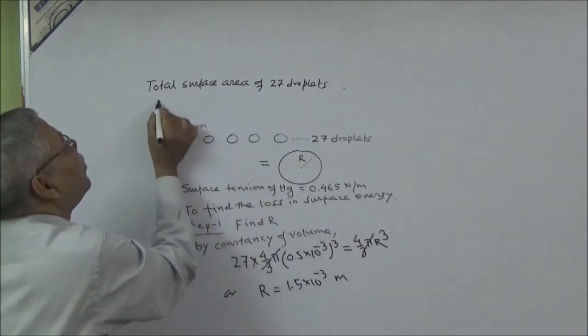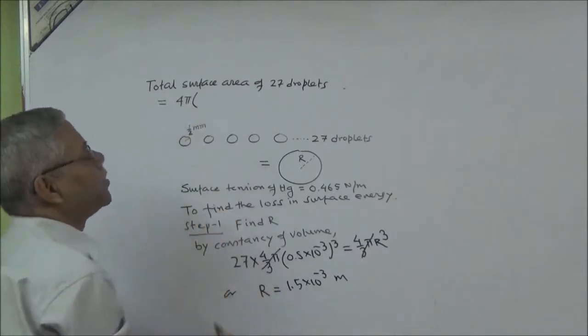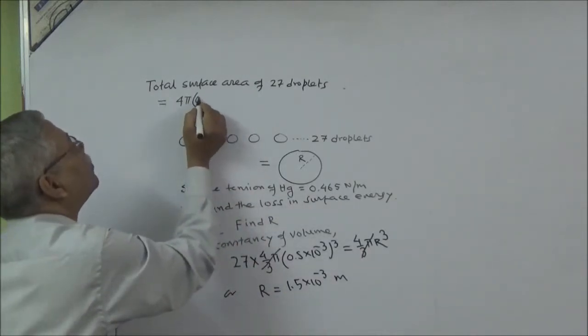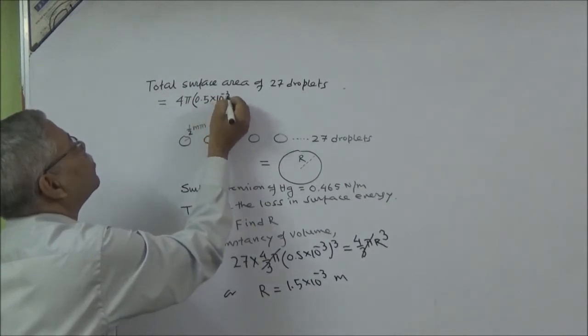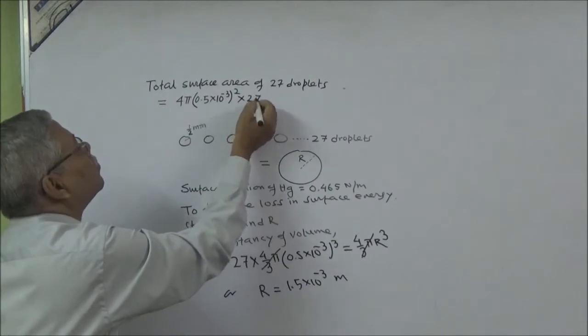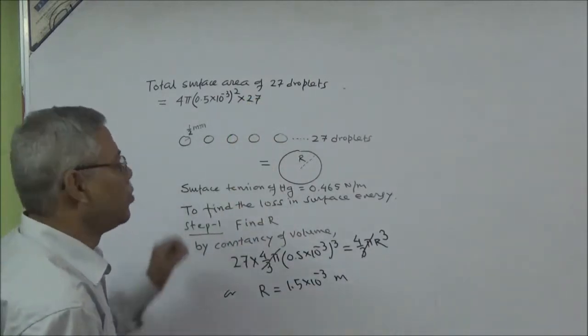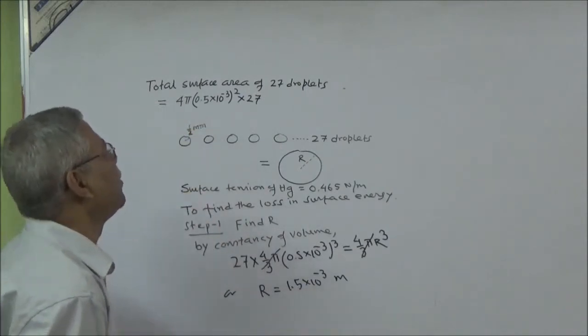Total surface area of 27 droplets: surface area of one drop is 4 pi r square, 0.5 into 10 to the minus 3 whole square, into 27.